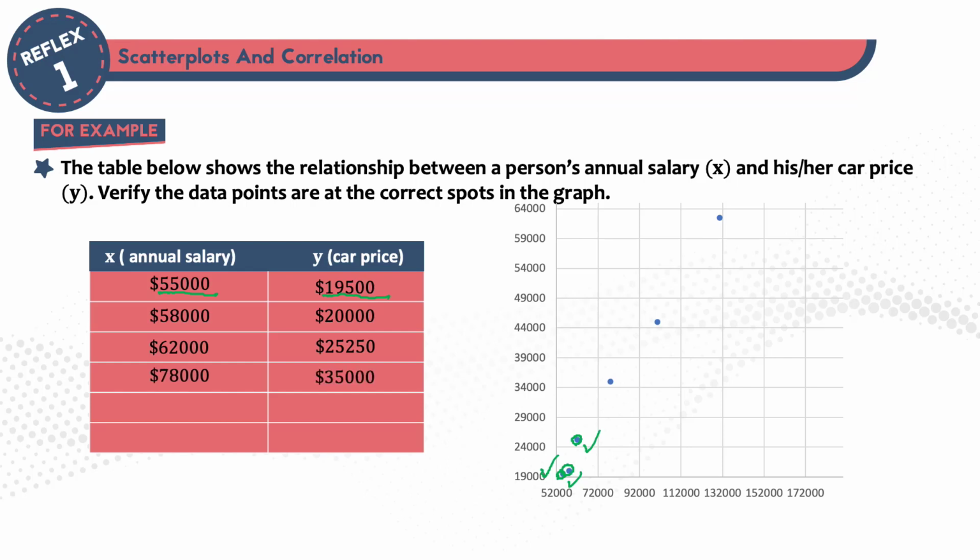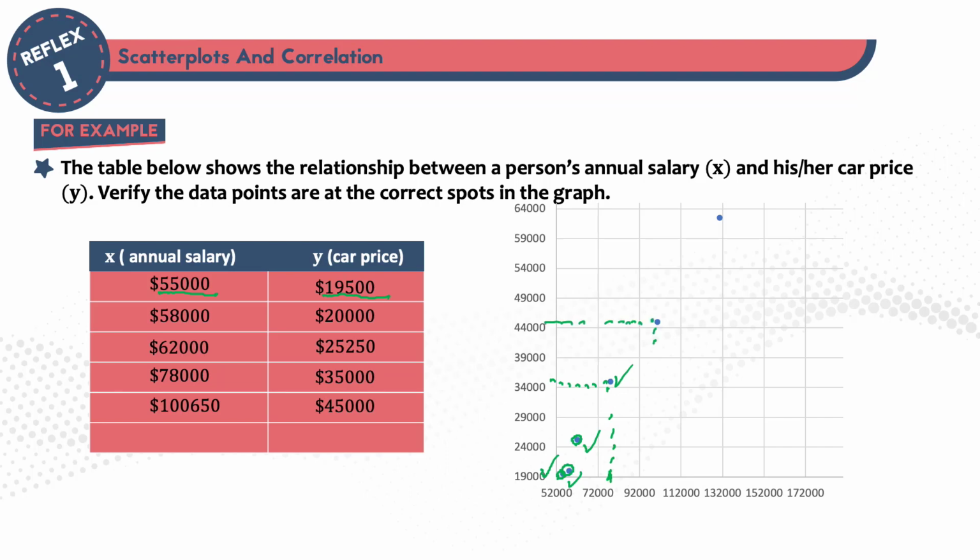Looks right. The next entry, $78,000 for the salary. Yeah, looks about right. And $35,000 for the car. Yep, so that's good. One more, $100,650 correlated to a $45,000 car.